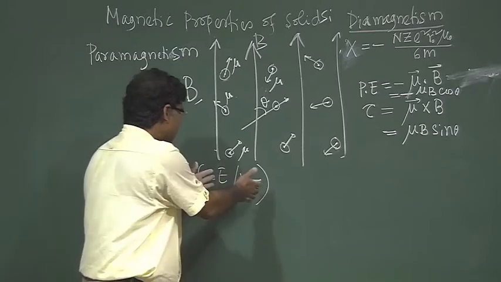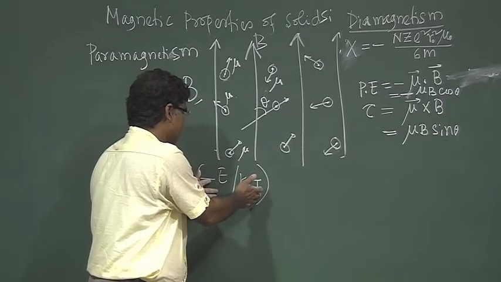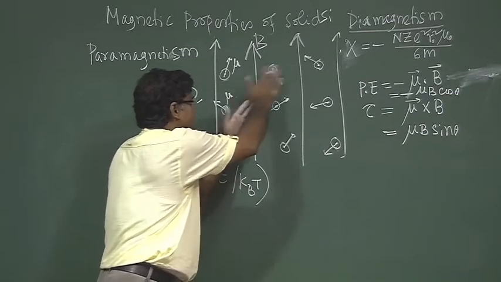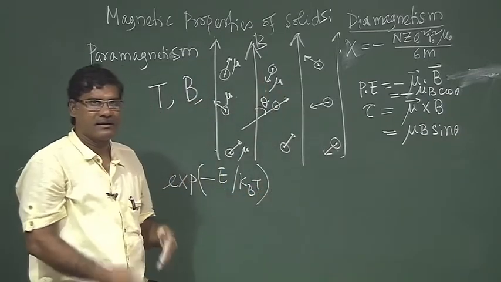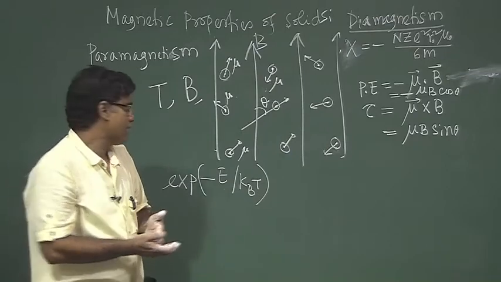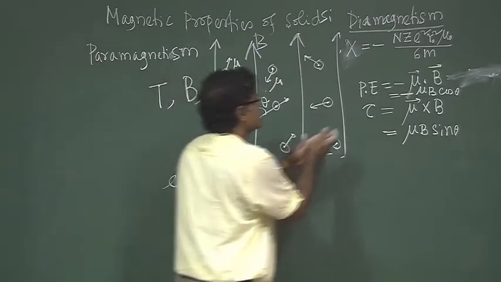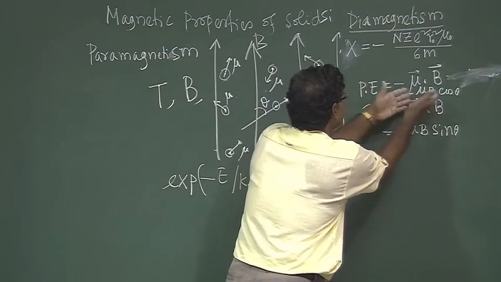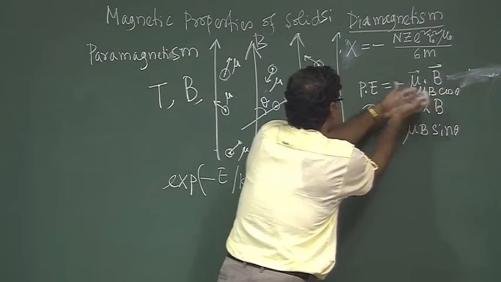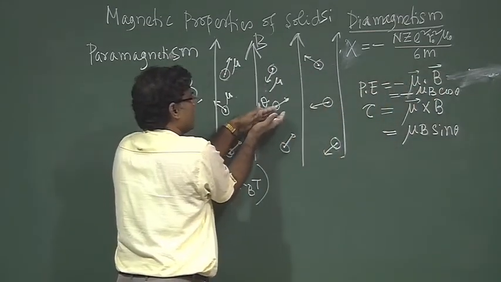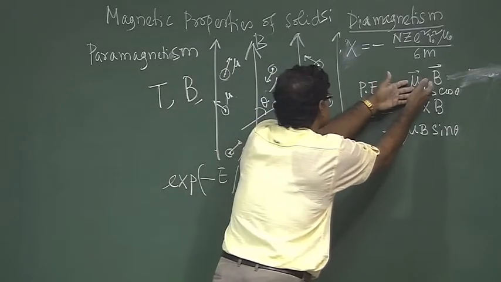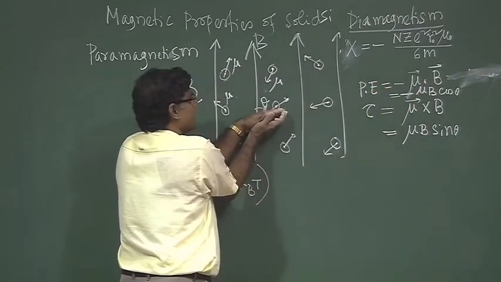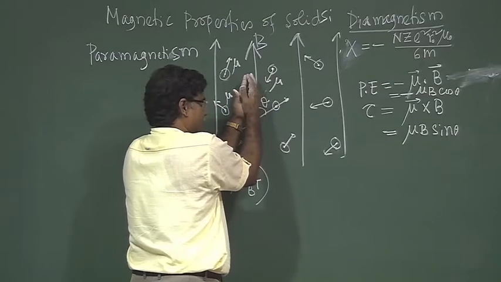This will decide the degree of disorder due to temperature, and the potential energy due to the magnetic field will decide the order of the magnetic moments.